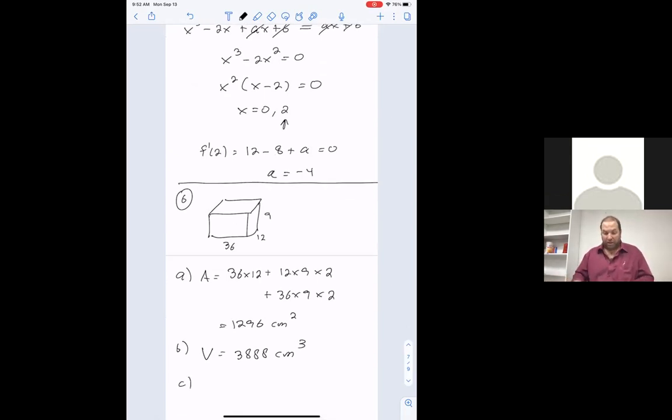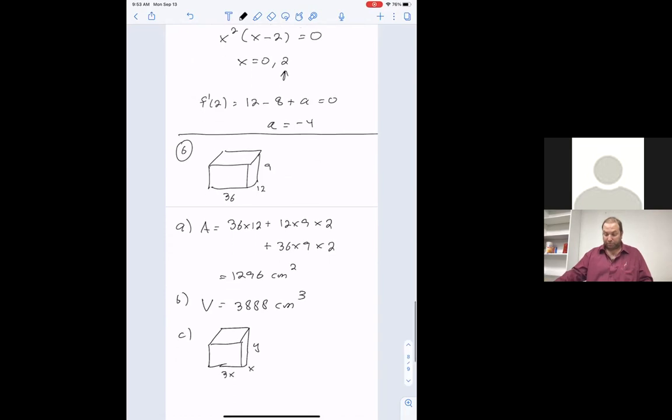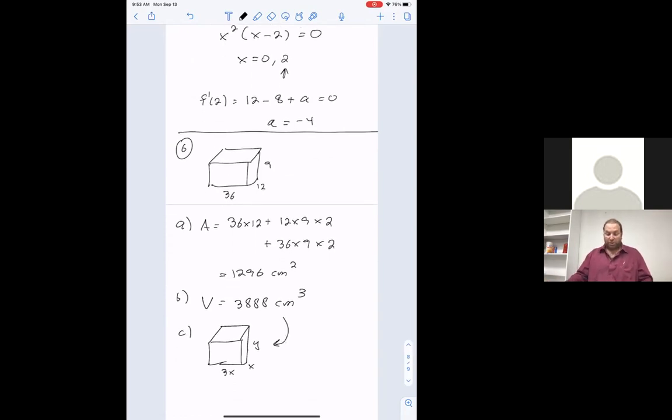Part C. Nanako decides to make her own eco-friendly bag in the shape of a cuboid, such that the surface area is minimized. The width of Nanako's bag is x. Its length is 3 times its width, and its height is y. So when I draw Nanako's bag, I get x, 3x, and y. And her volume is also 3888 cubic centimeters.